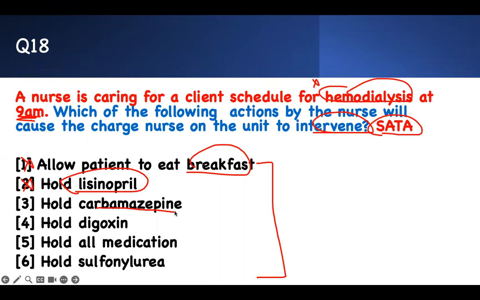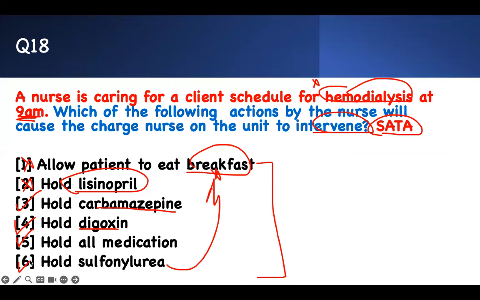Carbamazepine, this is for seizure. Mood stabilizer also. I don't want them to seize when they are getting dialysis, so you should give it to them. Digoxin is also anti-arrhythmia. I don't want them to have an arrhythmia when they're getting hemodialysis with all the electrolyte changes. Yes, you should not hold it. So I need to intervene. Hold all medication, of course. If I'm not holding this, this is wrong. Hold sulfonylurea. If they're eating, well, I don't want their sugar to go up.